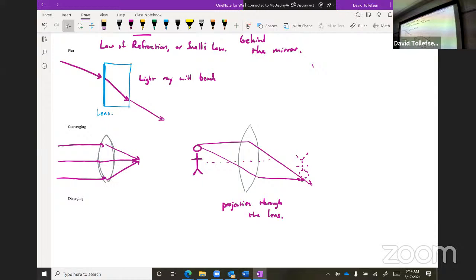So I can do the candle again. And I have a converging lens here.